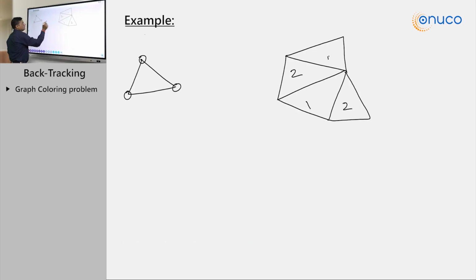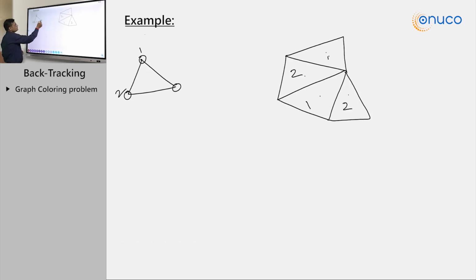Similarly, this is a similar kind of graph I am talking about, where we have different regions. If this region is colored with 1, this adjacent region, this vertex, we have to color with a different color. So we have colored it with 2.